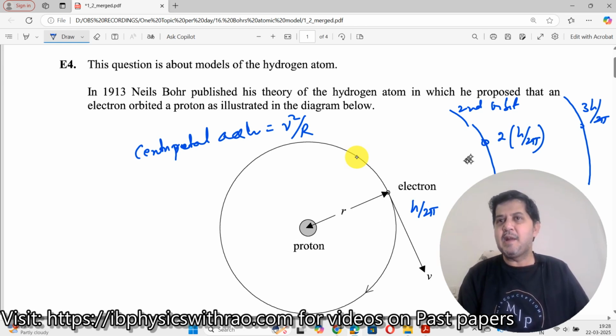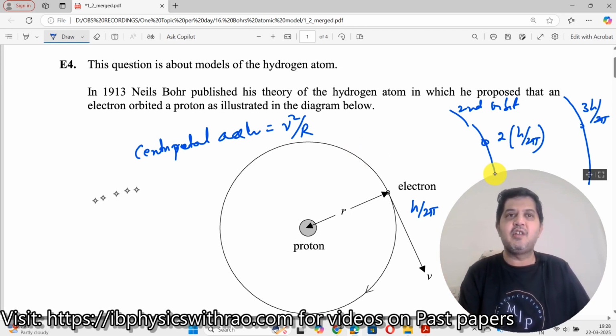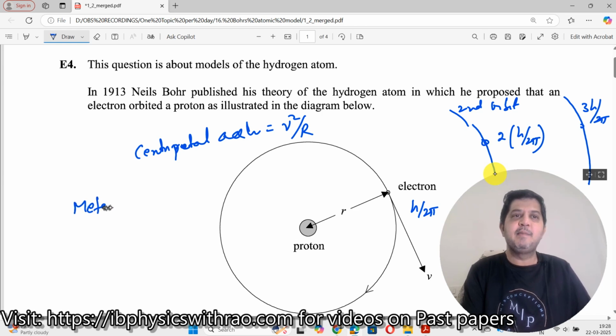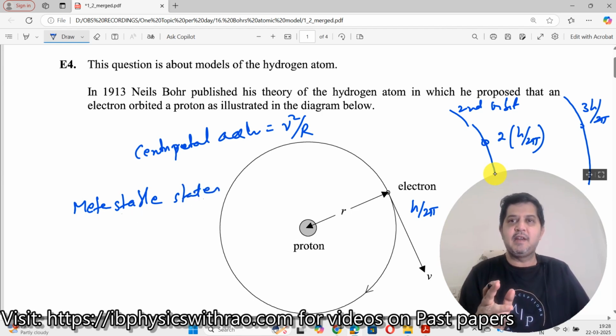Sometimes these states, that is the second orbit, third orbit, the excited states, are also called metastable states. The name itself says metastable, that means not completely stable. So it forces the electron to jump from this state to this state.